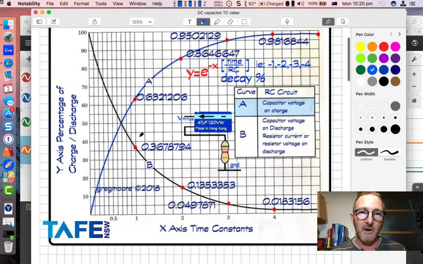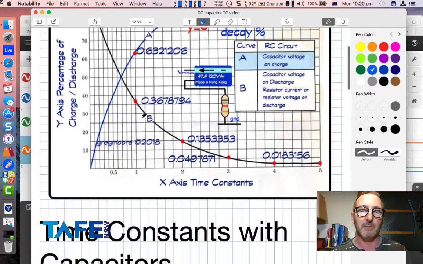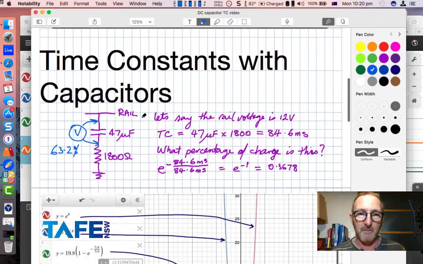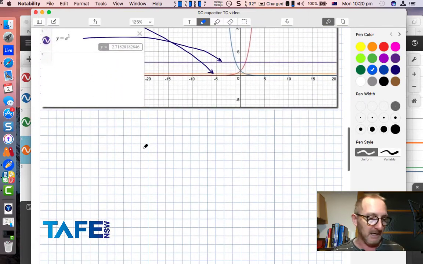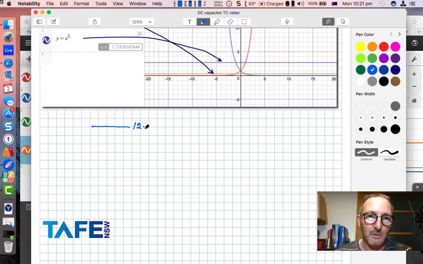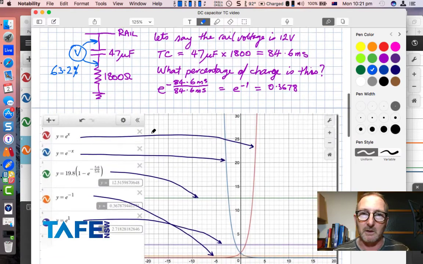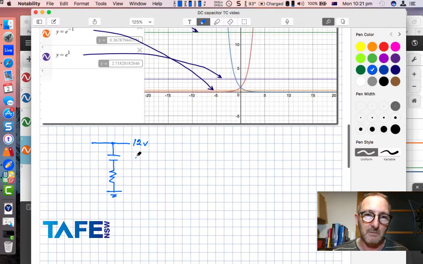So if I multiply that 63.2% times my rail voltage, let's do some more work on that circuit. We've got 12 volts, our capacitor, our resistor, and we know that the time constant was 84.6 milliseconds.